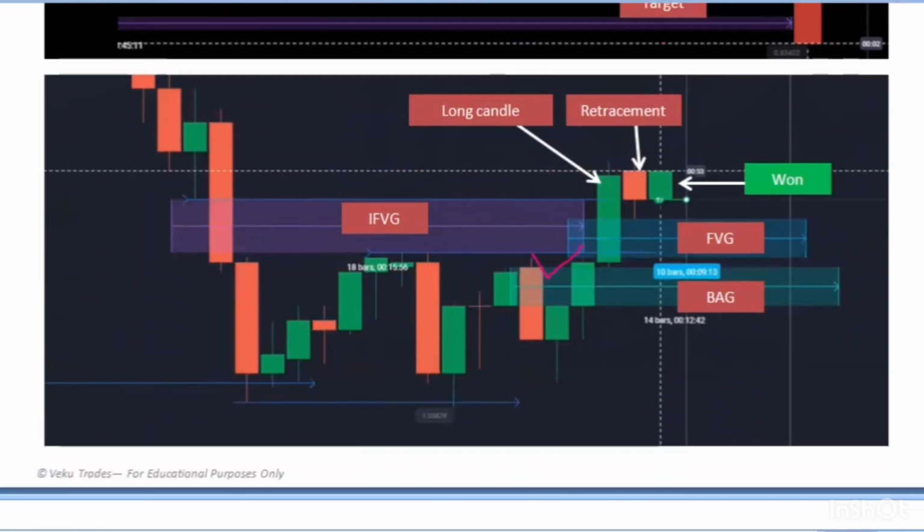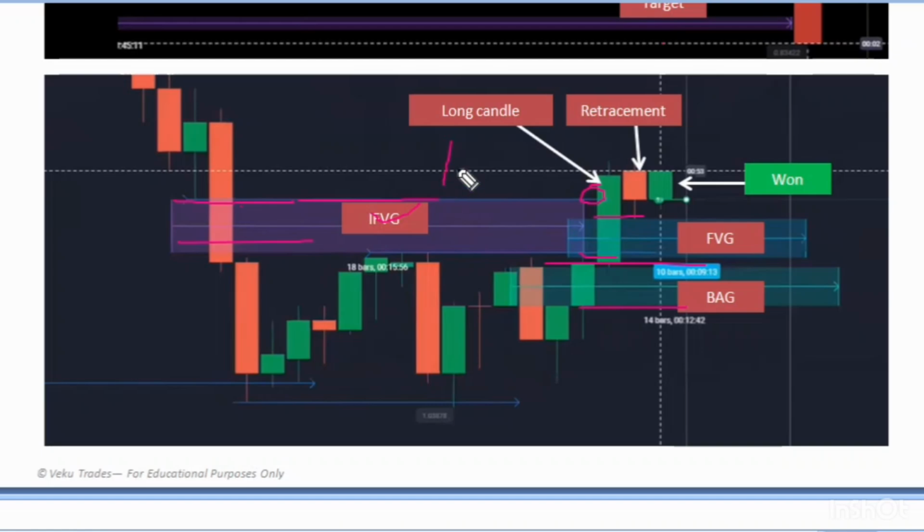Okay, so see more examples here. This is the breakable gap here, another breakable gap here. So this is the target. Okay, this is the first target. Okay, so our target has been breakout here. So this will become the inverse fair value gap now.